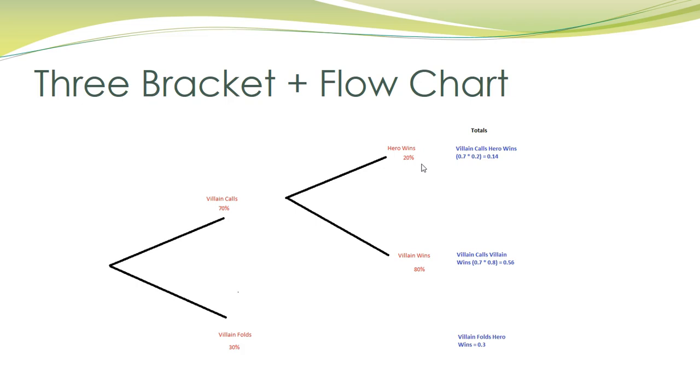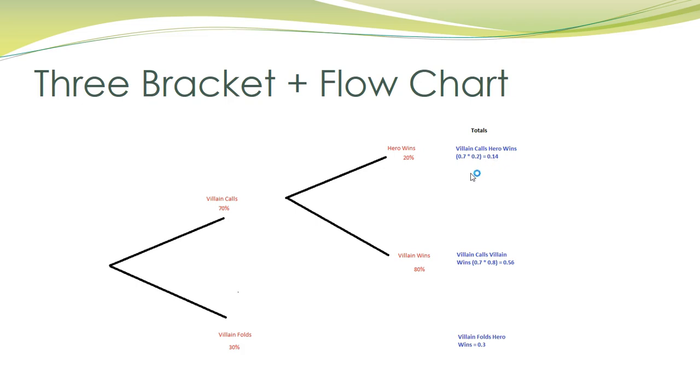In terms of how often these two outcomes happen overall, we have to use a probability calculation. Probability of successive events, exactly what we talked about in the previous video. So to find the overall probability that our opponent calls and we win, we multiply the respective probabilities of the successive events. So we multiply 0.7 times 0.2 equals 0.14.